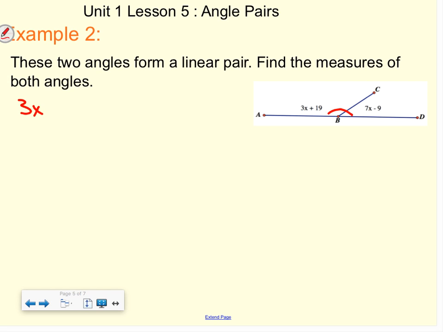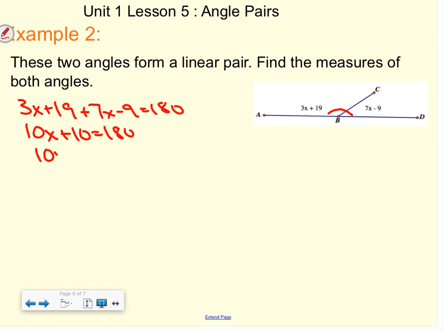So we have 3x plus 19 plus 7x minus 9 is equal to 180. And now we can just go ahead and solve for x. So I've got 10x plus 10 equals 180. Subtract the 10 from both sides, you got 10x equals 170, and so x is equal to 17.